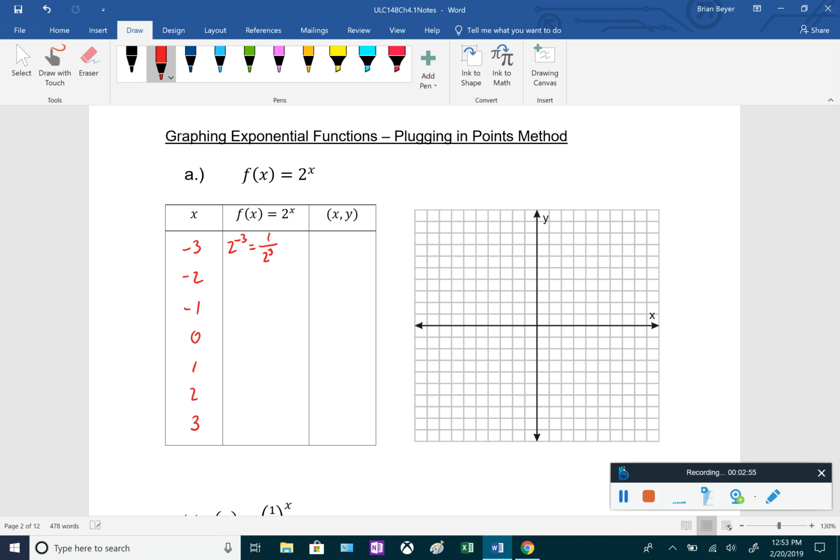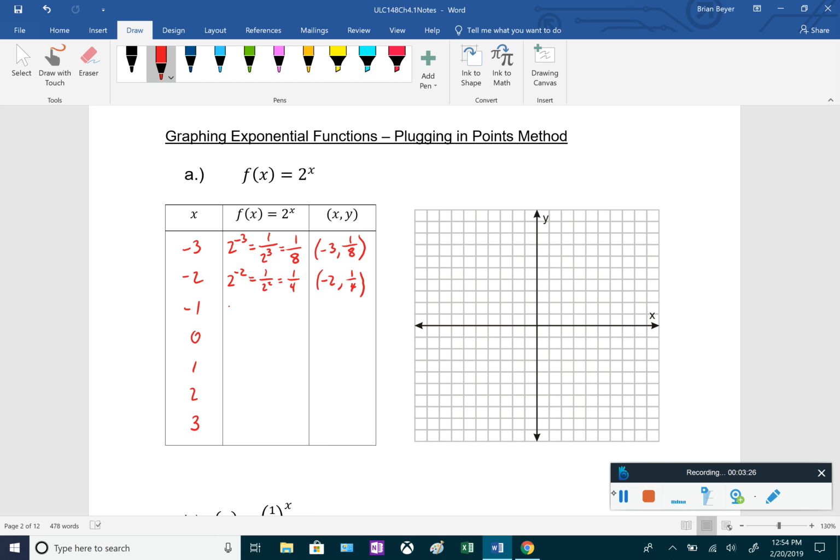So that's going to give us a coordinate of negative 3 comma 1/8. For negative 2, plug in a negative 2. This is going to be 2 raised to the negative 2, which is 1 over 2 to the positive 2, which is 1/4. So this gives us the coordinate negative 2 comma 1/4.